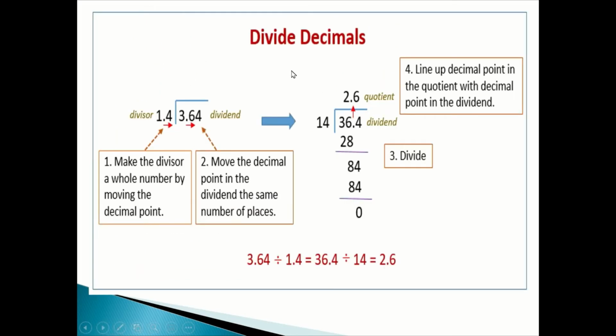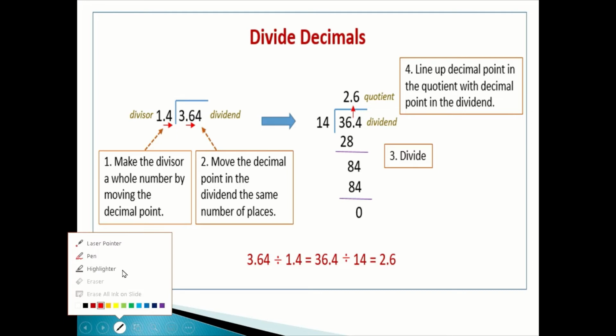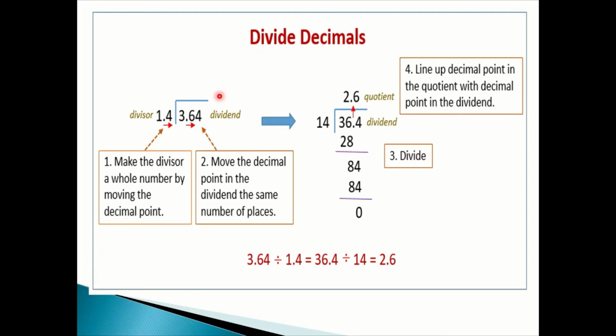dividing decimals. Okay, so here is the process in this portion. Let me explain the process. Given 3.64 divided by 1.4, 3.64 is our dividend, 1.4 is our divisor.